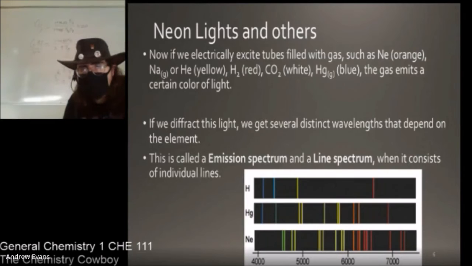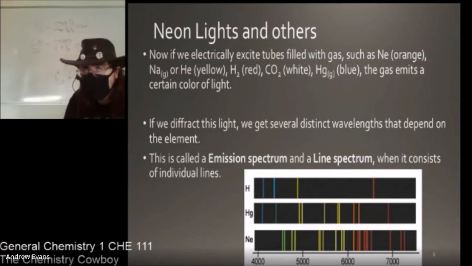Depending on the gas, we get a different glow. The neon lights that we used to be famous for, not as big of a thing nowadays, were tubes of neon gas that emit that nice orange light. The street lamps we see have sodium vapor, which is why we have that dull yellow at nighttime.